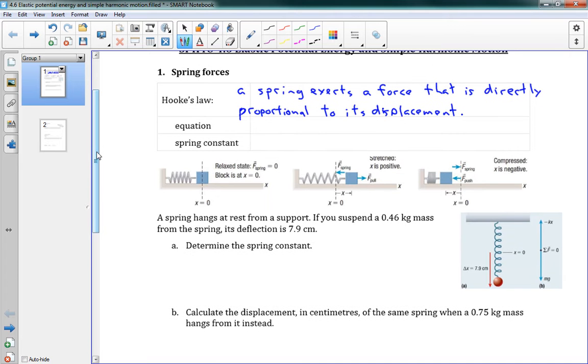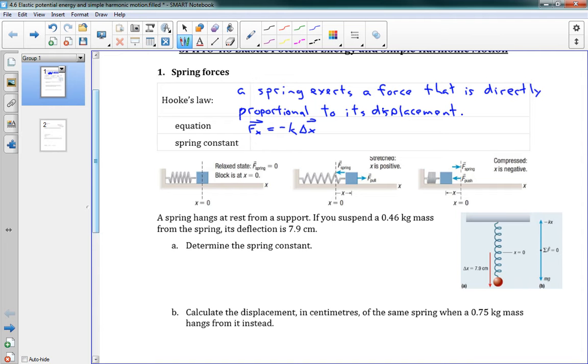And our equation for this is Fx, that's what we call the spring force here, is equal to negative k delta x. And notice I've drawn some vector arrows here. The spring force is the negative of the displacement times this k value.